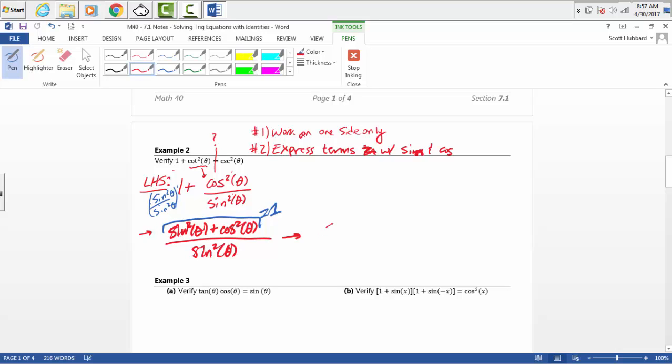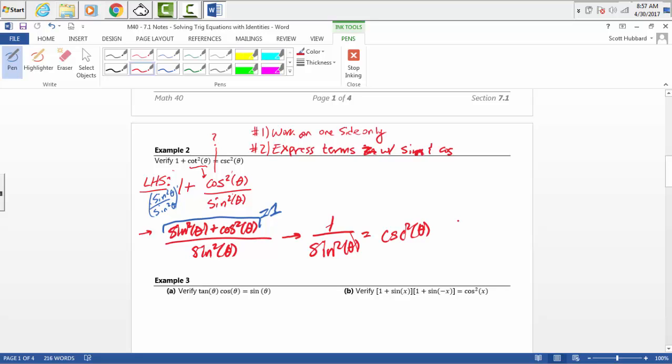And so what I get now is 1 over sine squared, and we know 1 over sine is cosecant, so we now have equals cosecant squared theta.